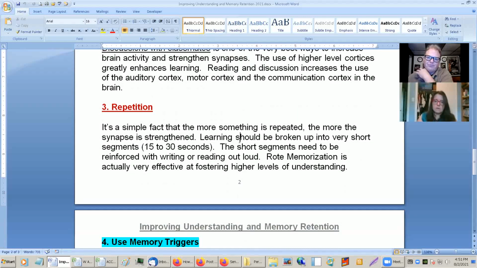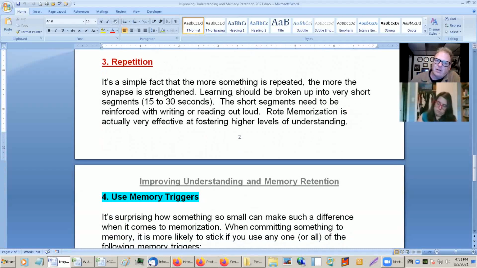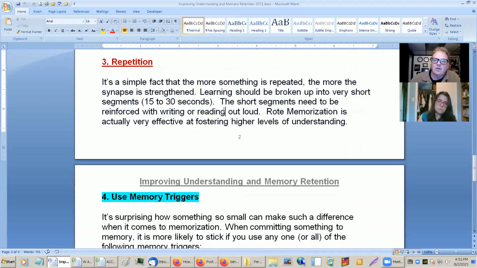Repetition. Writing something 100 times, which we always laugh about. What a stupid way to learn. That's actually not a bad way to learn. So sometimes just doing repetition can be effective.